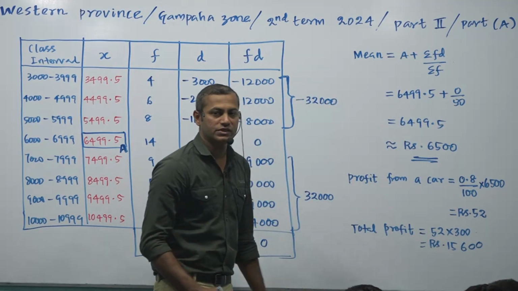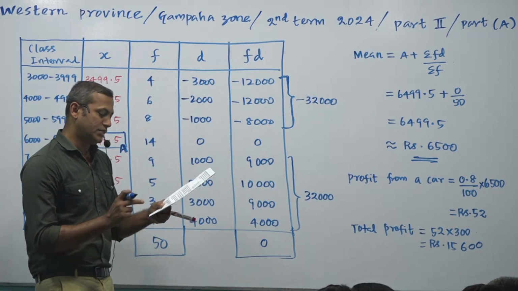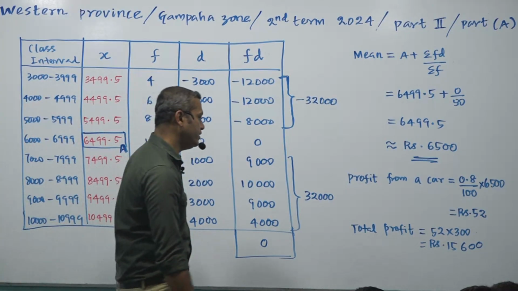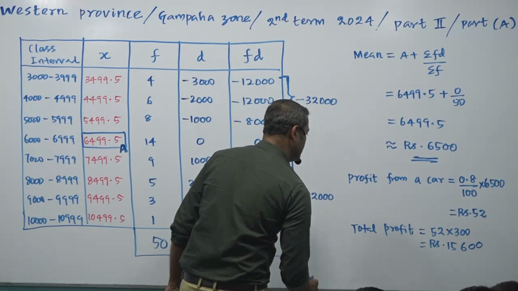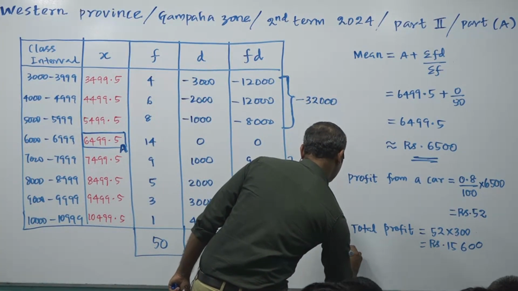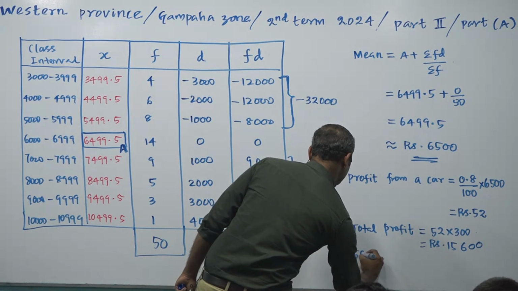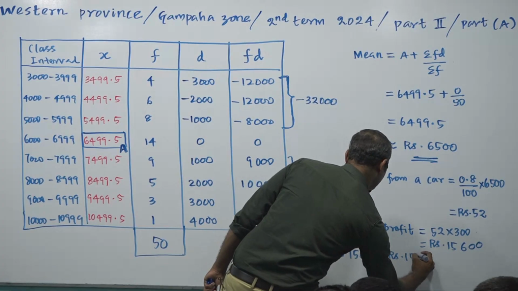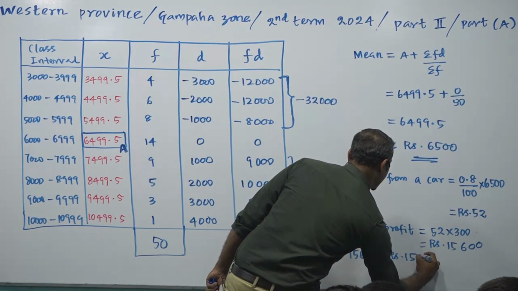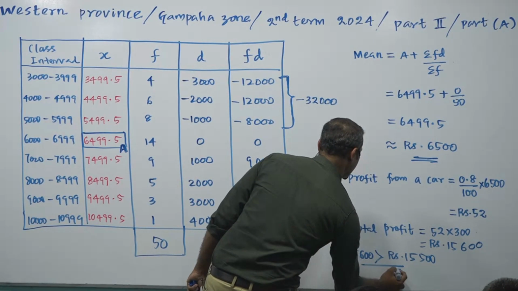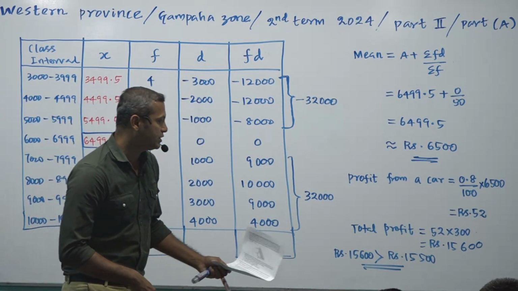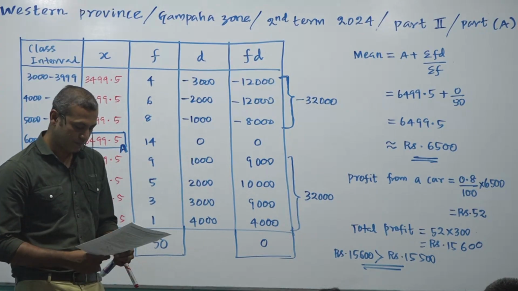Is it 15,600? And you can see it's more than 15,500. Finally, you write that statement. Rupees 15,600 is greater than rupees 15,500.